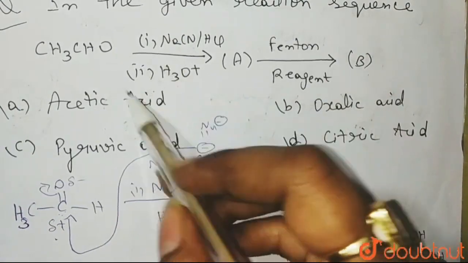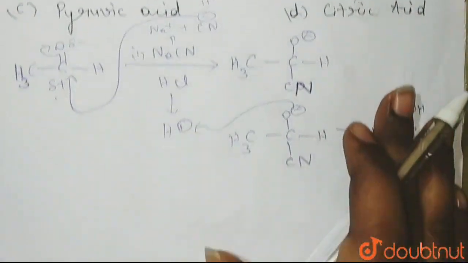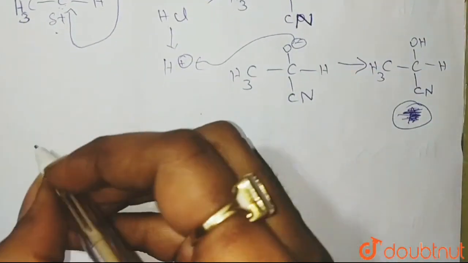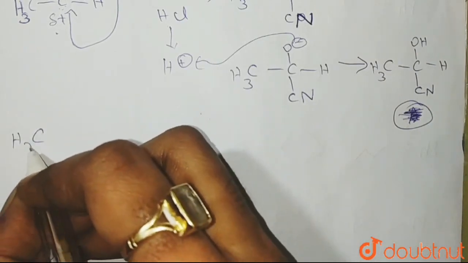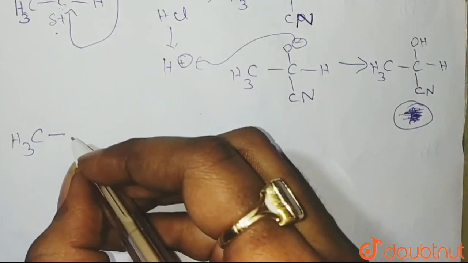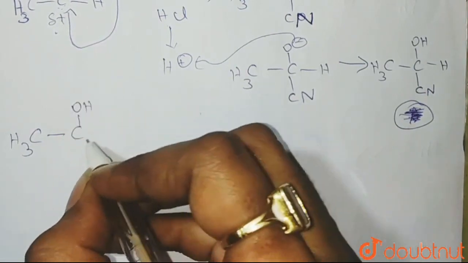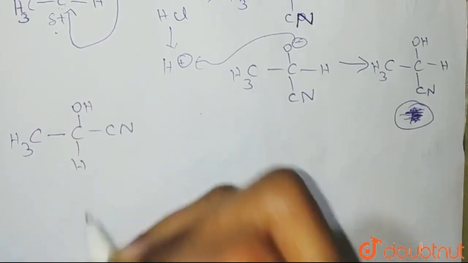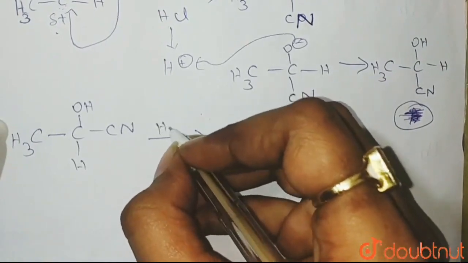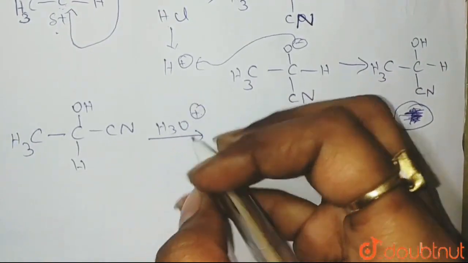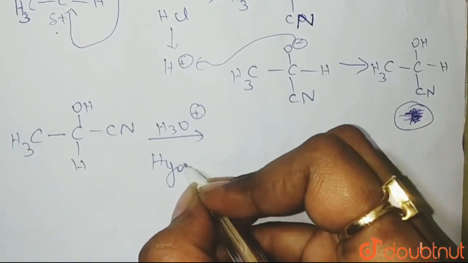Now in the second step we are treating it with H3O positive. Let me write this product again. By treating acetaldehyde with NaCN and HCl, we got this compound, CHOH, CN and hydrogen. H3O positive means we are doing acidic hydrolysis.